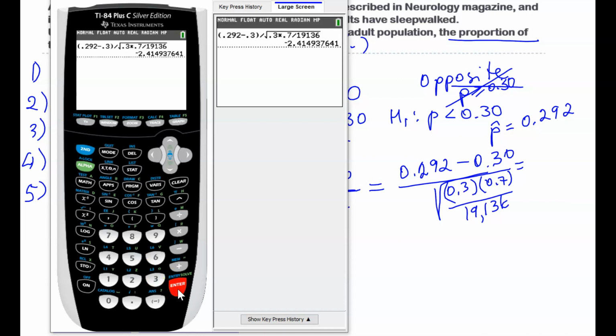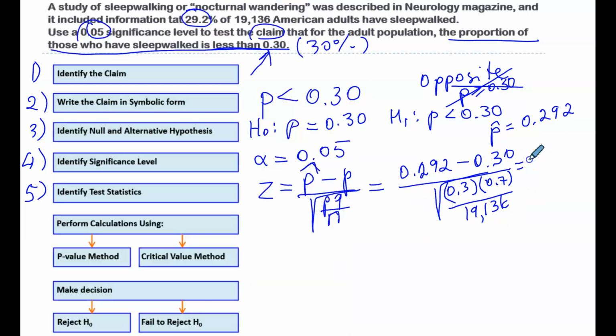Enter. Our test statistic is -2.4149. Remember, test statistic is rounded to 2 decimal places, so it will be -2.41.